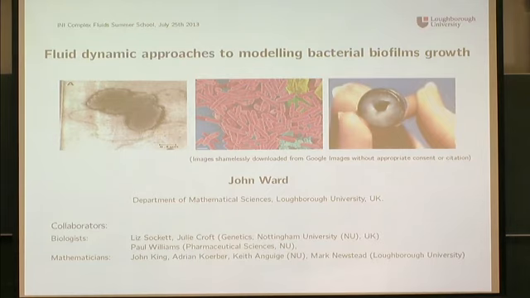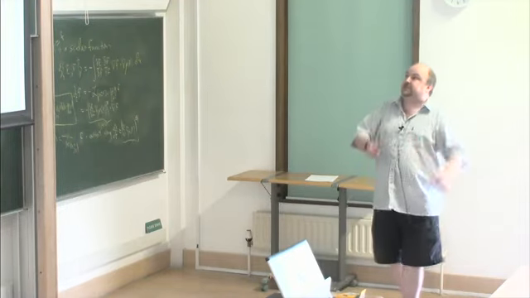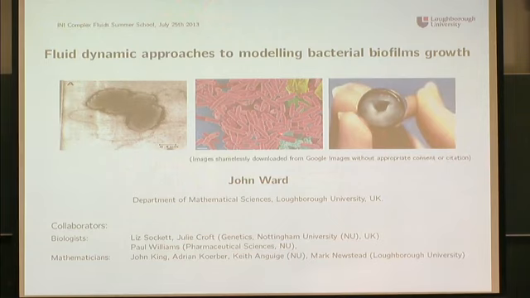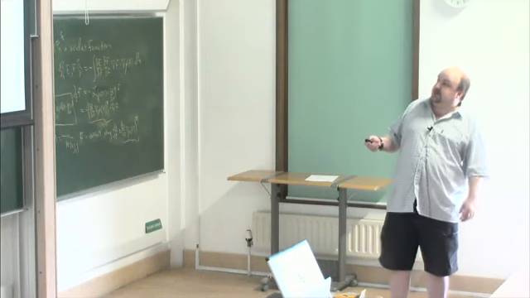Just to get an idea of size, each of these rods is approximately 2 micrometers long, and the width is about 1 micrometer. But they do grow, split into two, grow and split into two. So there is variation. If you let this grow a little bit longer, as indicated here, you've got what is basically a massive biofilm. This is a tube, which is probably roughly 1 centimeter in diameter.